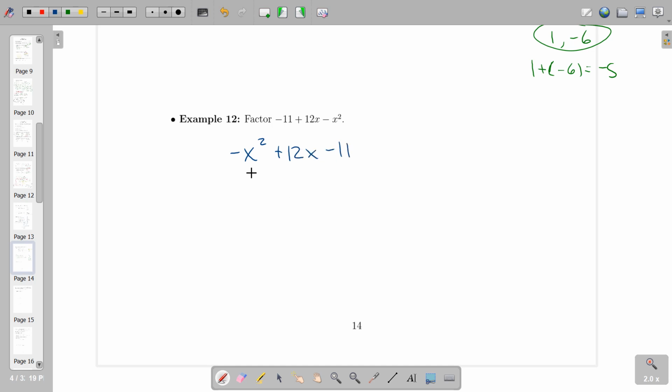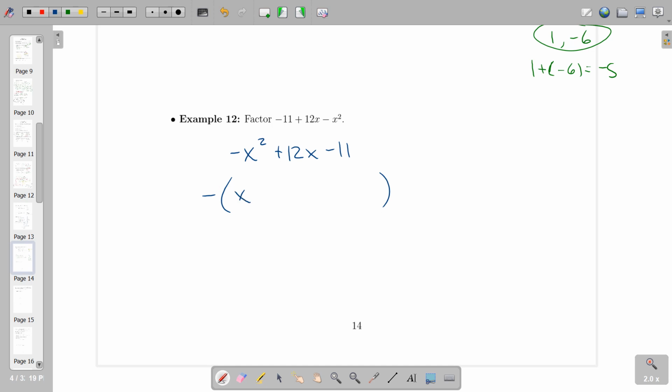Right? That's not a problem. But there's a negative in front. So we really would like to have, it's not a 100% a necessity, but it's nice if the x squared term is positive. So you can always make that happen if you pull a negative 1 out of every term.